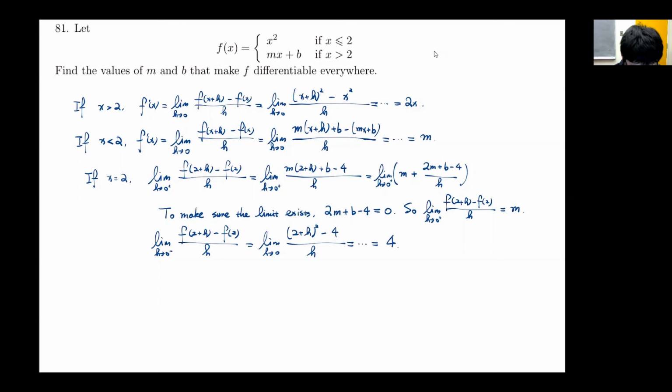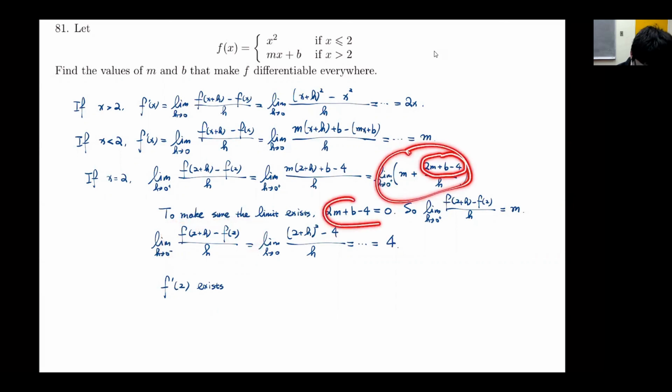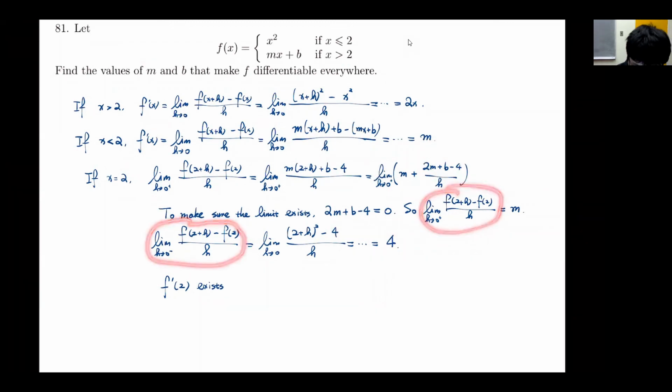All right. So because f prime of 2 exists, these two limits have to exist, and then we see that this limit exists if the numerator equals 0. That's how we get the first equation. Moreover, these two limits have to be the same, so this basically tells me that m equals 4.